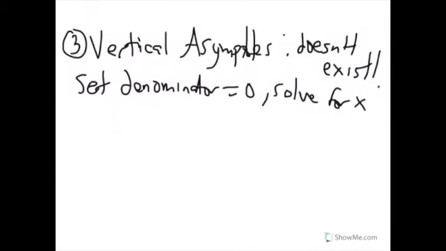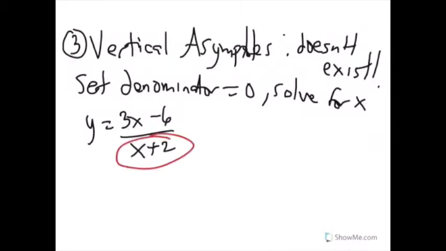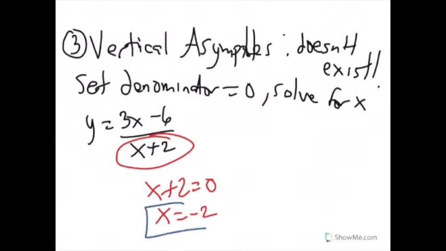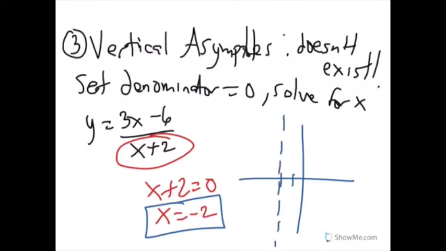In the example from before, 3x minus 6 over x plus 2, we set the denominator equal to 0 and solve: x equals negative 2. The nice thing about vertical asymptotes is that is your final answer, because x equals negative 2 means the vertical line through x equals negative 2. So now, this is the information we know.